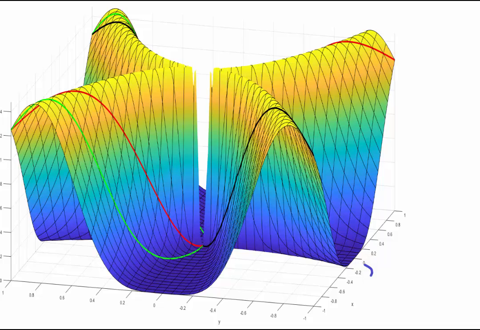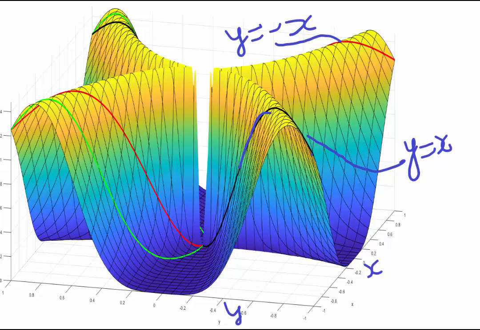So this is the x-axis, this is the y-axis, and this black approach here is going to 0. That's corresponding to the line y equals x, and this red one corresponds to y equals negative x. They are going to 0.